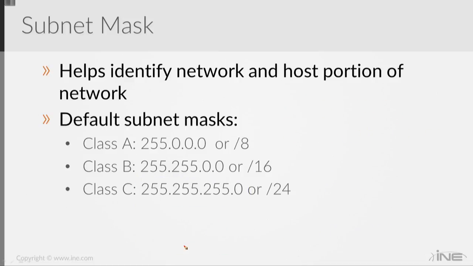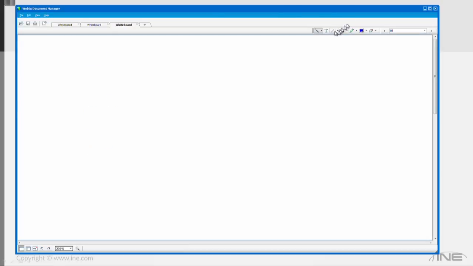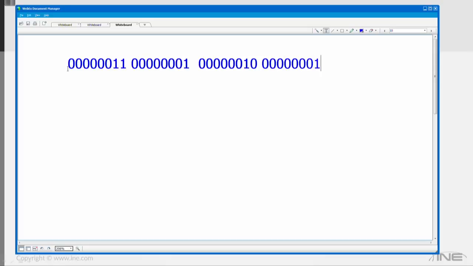Another way sometimes that I've drawn it just to help you visualize this is something like this. So if I gave you an IP address in binary, I'm going to do a real easy one. Okay, so first of all, how would you represent that in dotted decimal notation?